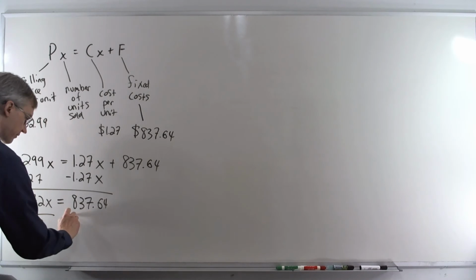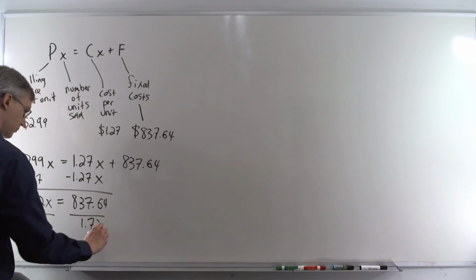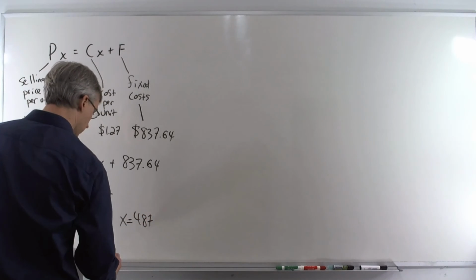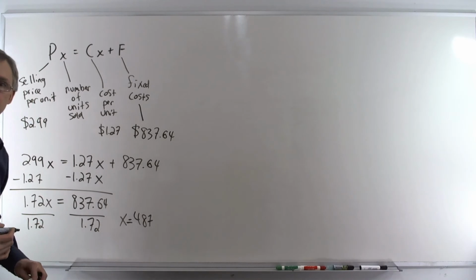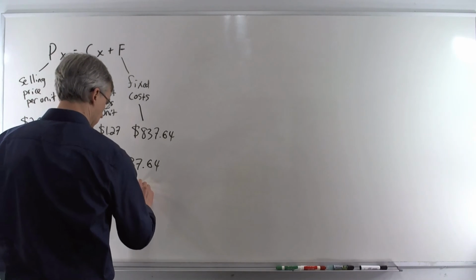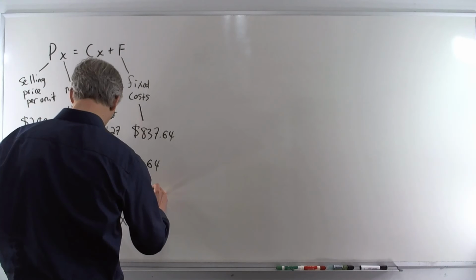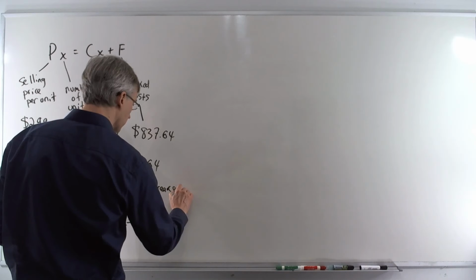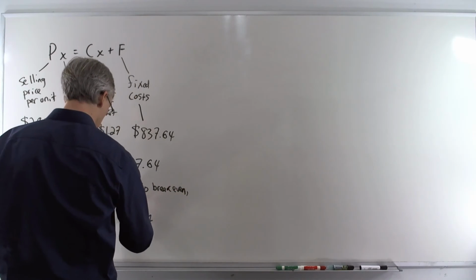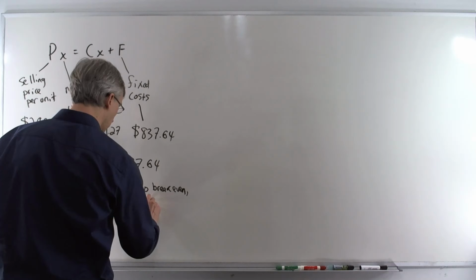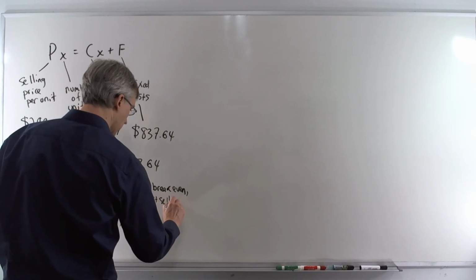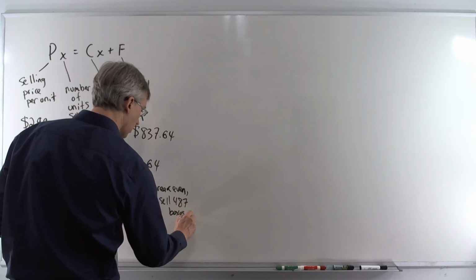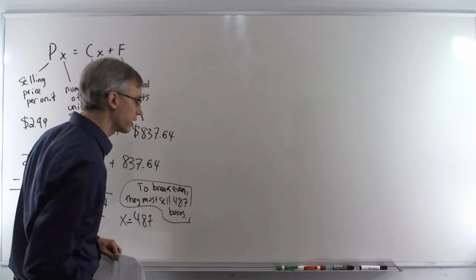So divide by 1.72. We get 487. So to break even, they must sell 487 boxes.